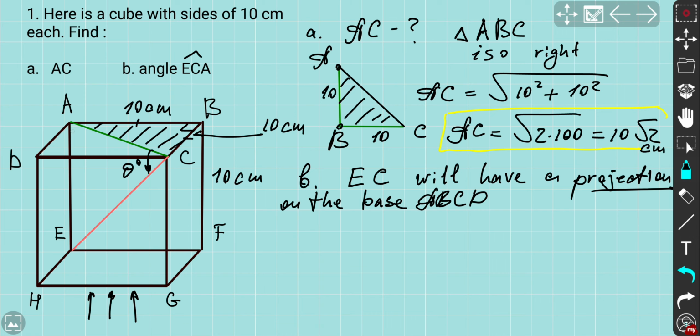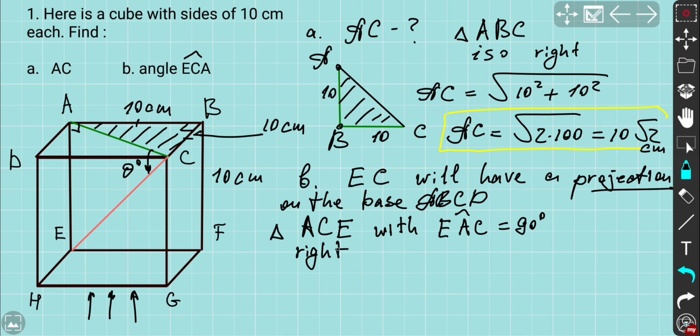Again, we have a right angle triangle. So we consider triangle ACE with angle EAC to be 90 degrees. That's why triangle ACE is right angled.